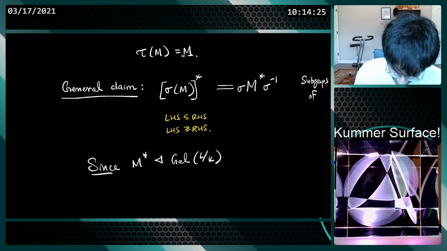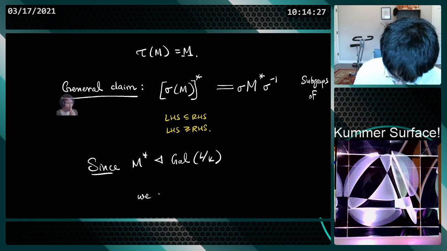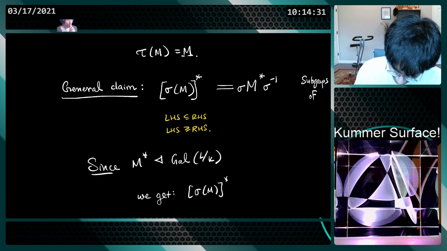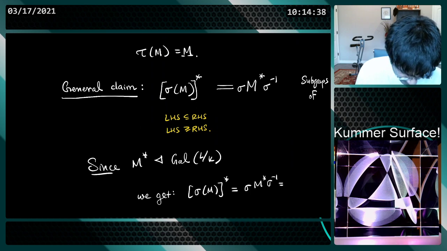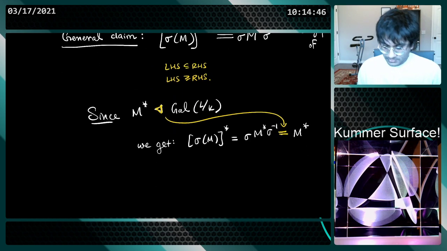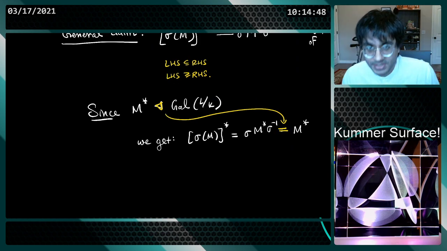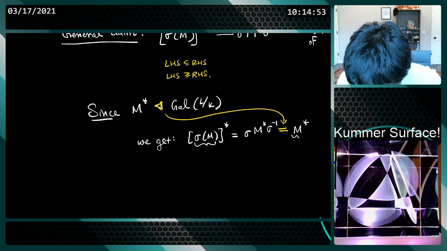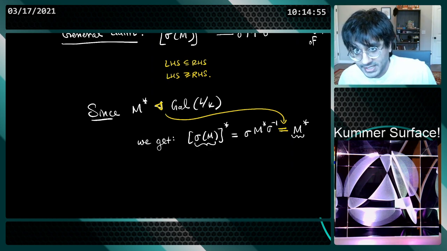We get, in other words, sigma of M and M have the same fixed group.